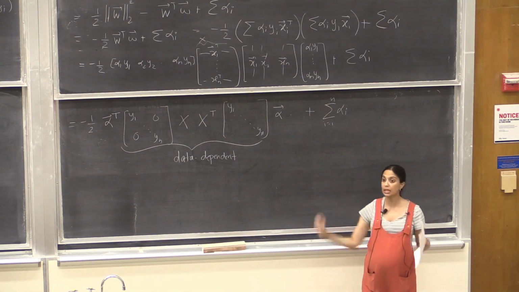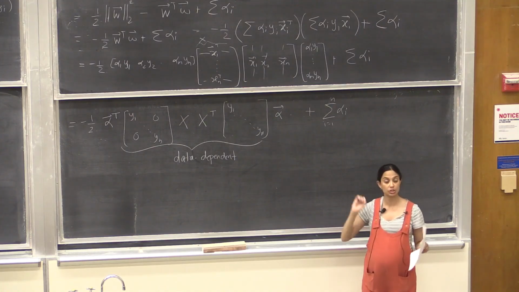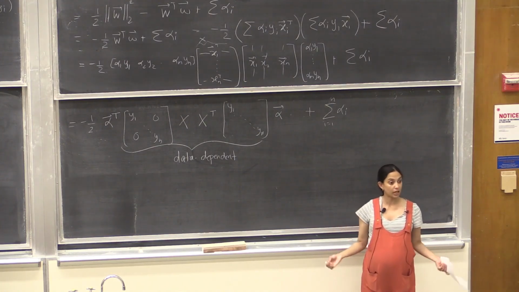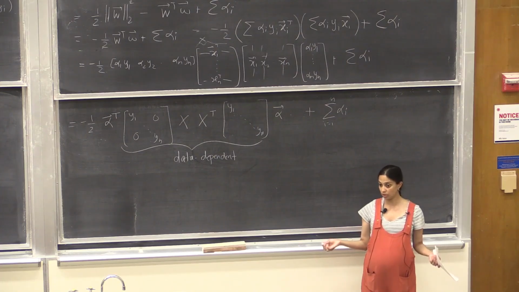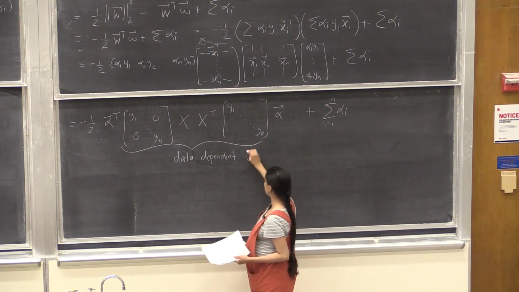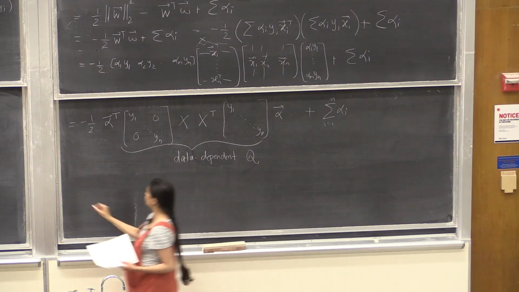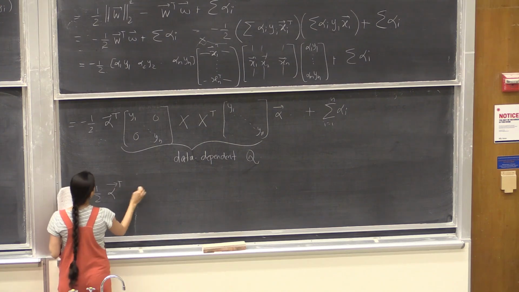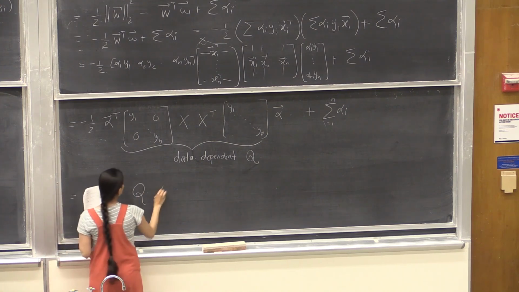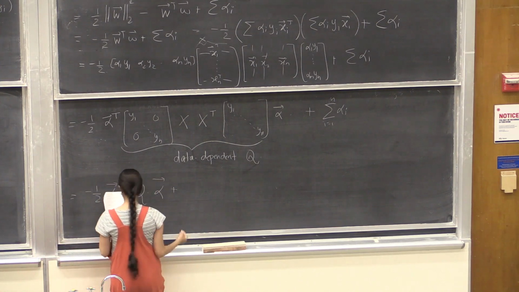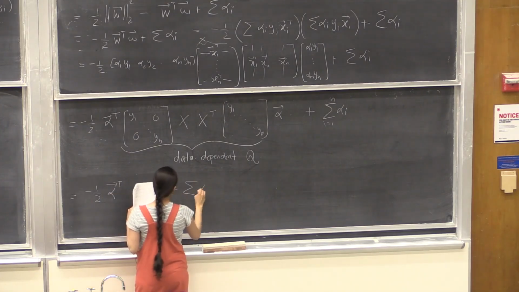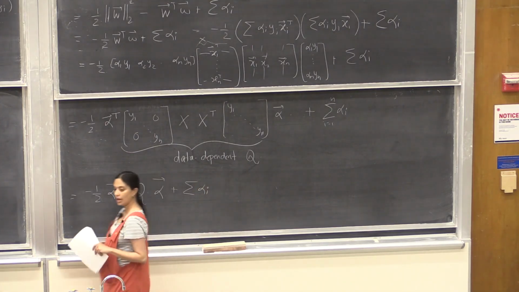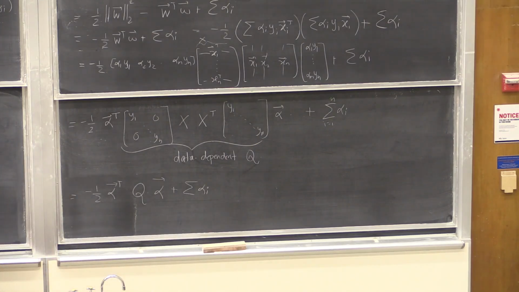I do not have to do anything else. There's no optimization, nothing. It's just taking my data, stacking it up, and doing a calculation. I'm going to call this matrix Q. And so I can write this as -1/2 alpha transpose Q alpha plus sigma alpha i. And now I have my Lagrangian expressed entirely in terms of the dual variables alpha. Okay?